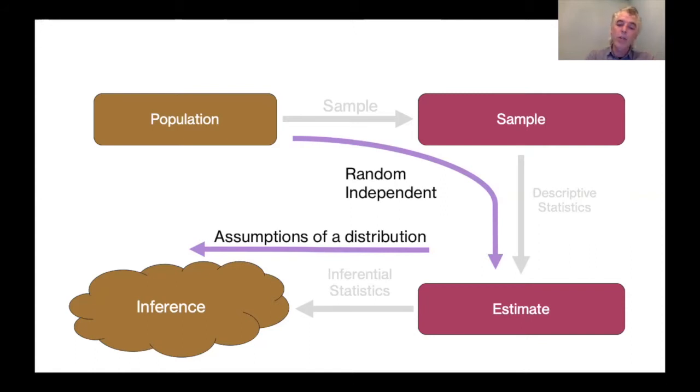Now, when we want to go to the next stage and then draw some inferences about our population, usually in terms of calculating a p-value, then we oftentimes need to also meet some assumptions about the underlying distributions that we're going to use to calculate that p-value.